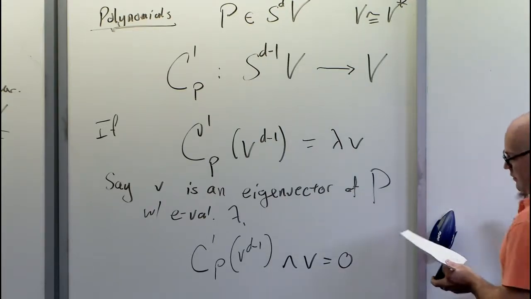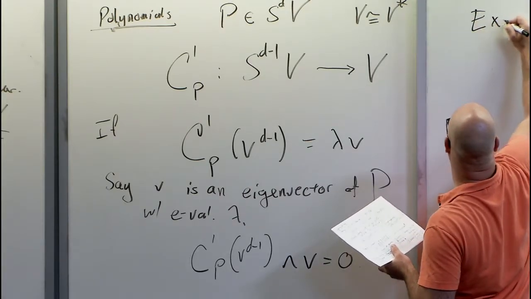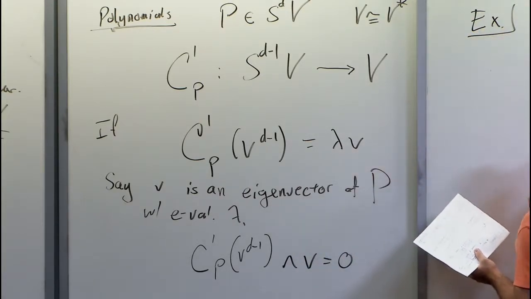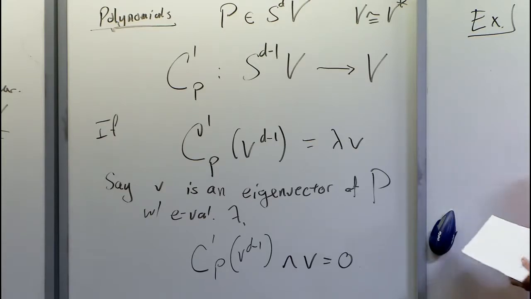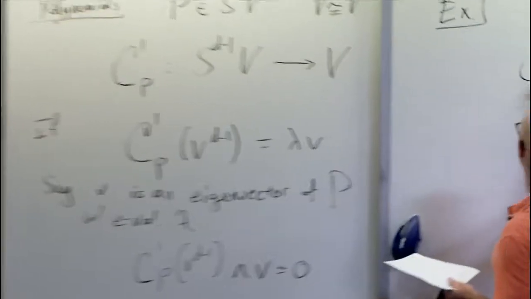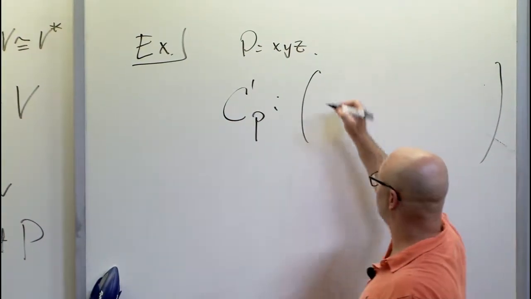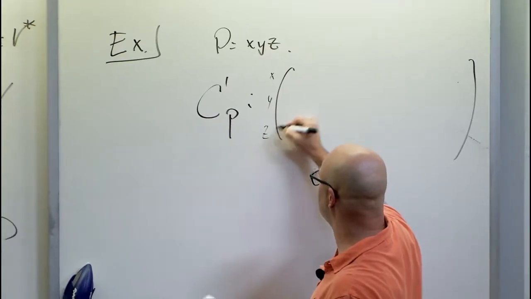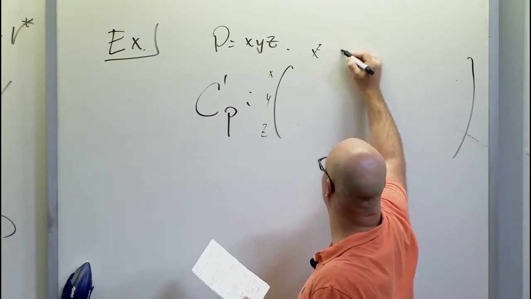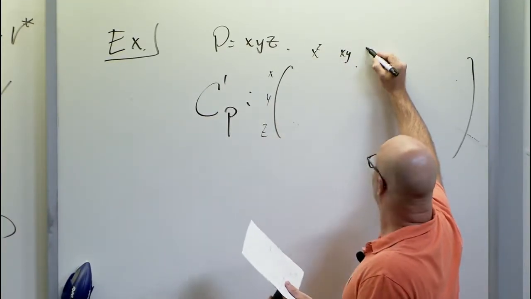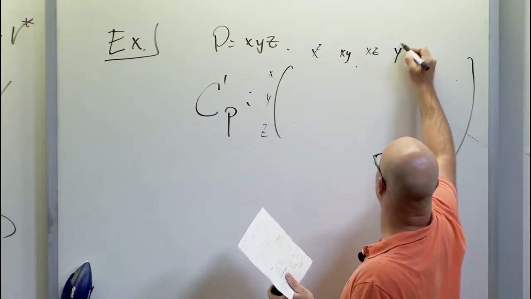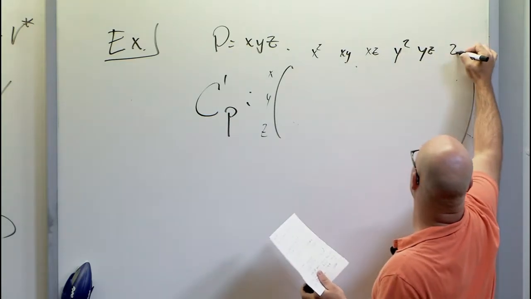Okay, let's compute an eigenvector of a polynomial. Let's suppose I take the product of 3 variables and just try this one. So here's C1 of P. I'm going to label x, y, z, and then I'm going to label these x squared, x y, x z, y squared, y z, and z squared.